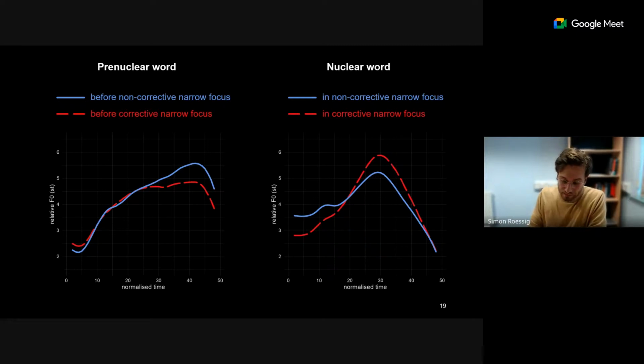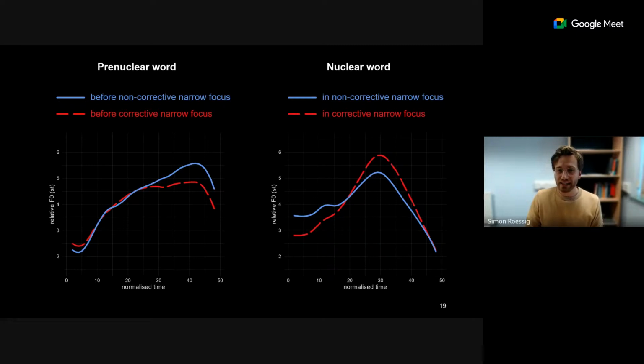As I said, when it comes to narrow and corrective or contrastive focus, those categorical differences are much harder to detect, because in these two focus types we do get a lot of H* type accents. And is there really a clear categorical boundary between an L+H* and a simple H*? That's kind of blurry.